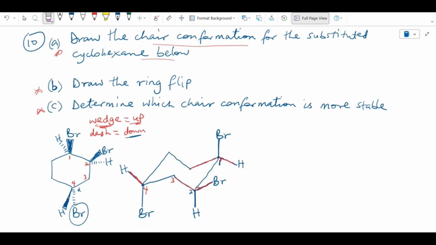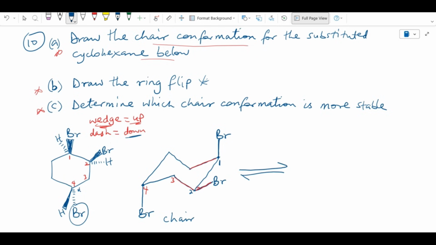But usually we don't show hydrogen on carbons, so I might as well just erase all of these hydrogens to make my cyclohexane look a little bit neat. The question also said then draw the ring flip or chair flip.